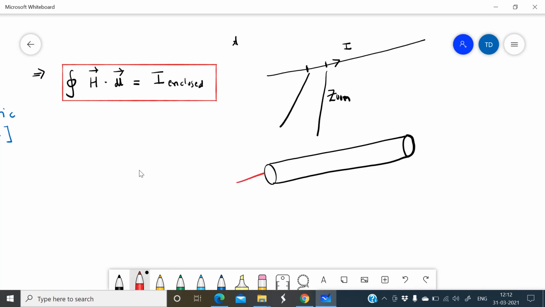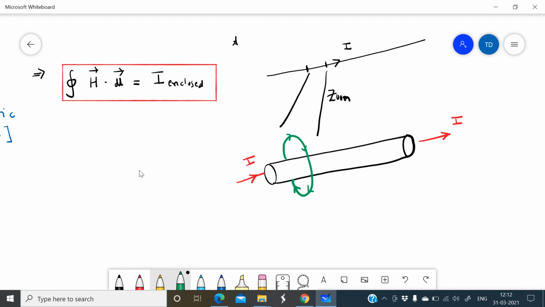The same current I is passing throughout this cylinder. Now it generates a magnetic field around it, so no need to draw the magnetic field here. Now I have to consider one closed path, and this closed path is known as the Amperian path.